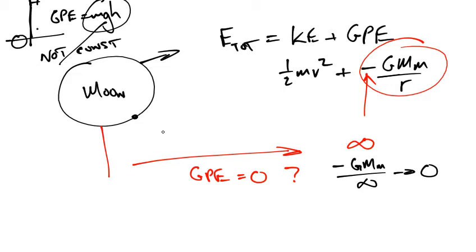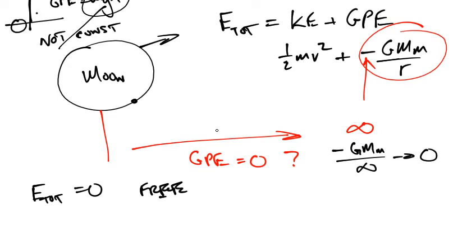That means your balance is a negative balance. The only way you'll be free is if you have a total net worth of 0, in which case you don't owe any more money. Same situation here. If your total energy is equal to 0, you're free. You're free of the amount of energy you have to pay the Earth, or the moon in this case, to get away.